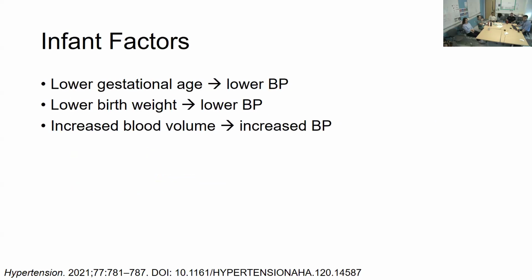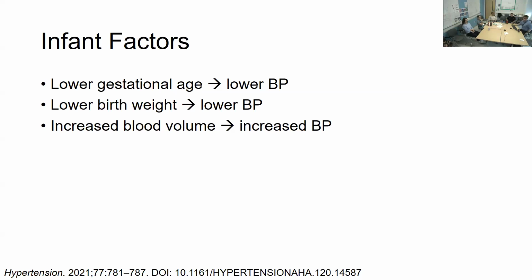But what I would say is that the factors that most influence blood pressure are the infant-related factors, specifically the gestational age at birth and the birth weight, which I don't think is really shocking to any of you. You've seen 24-week babies and 32-week babies, and the 24-week babies have lower blood pressure.